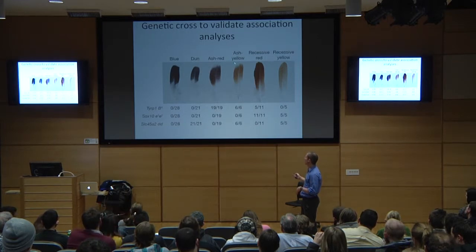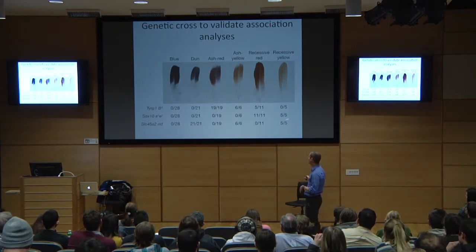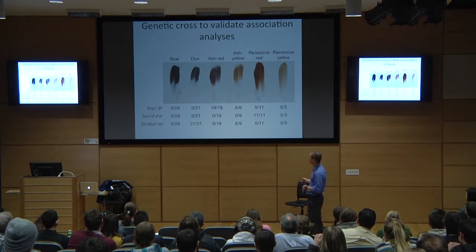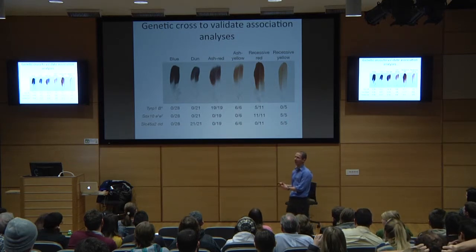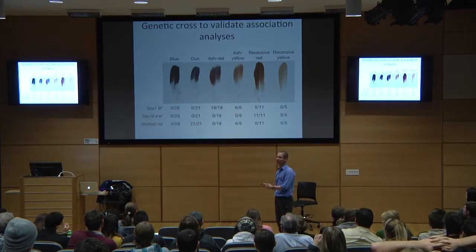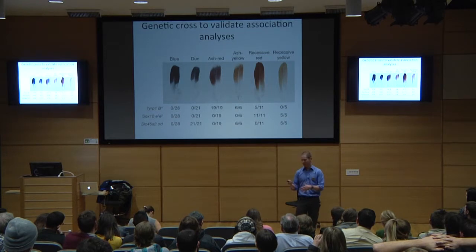Whereas you notice these ash red and ash yellow birds, they always have the ash red mutation. All of the recessive red birds have the recessive red mutation, and all of the birds with the dilute phenotypes do in fact have the dilute mutation. So this provides independent evidence that the mutations we identified from the cross-breed analyses are likely the mutations that are causing these different traits.